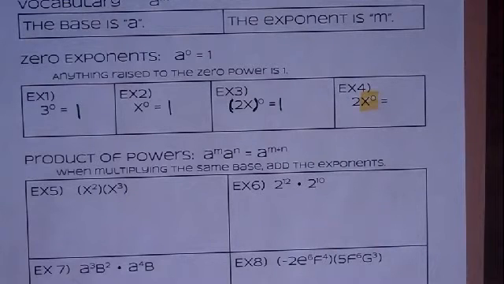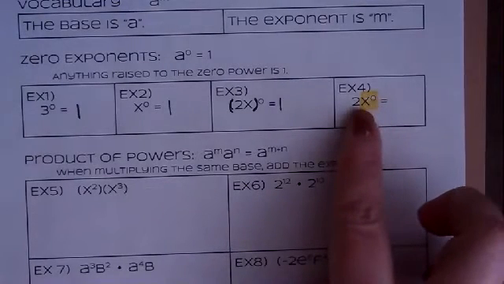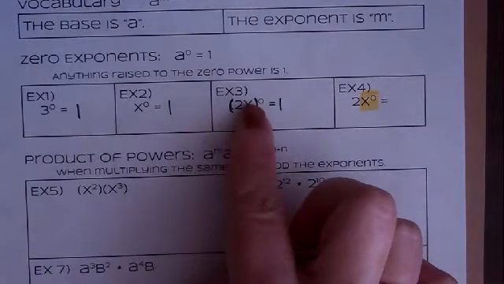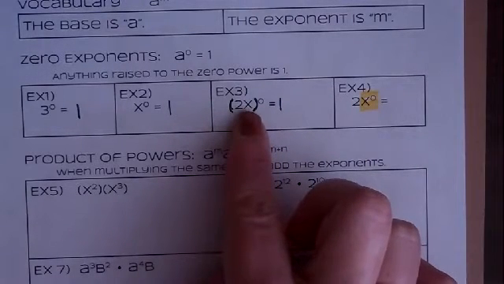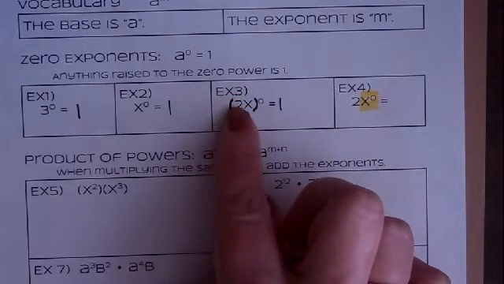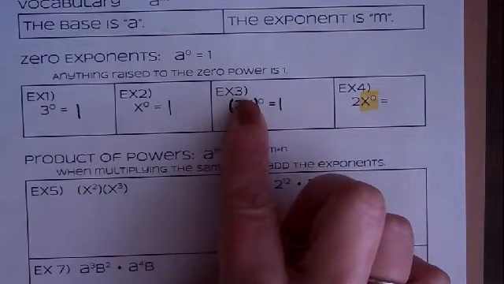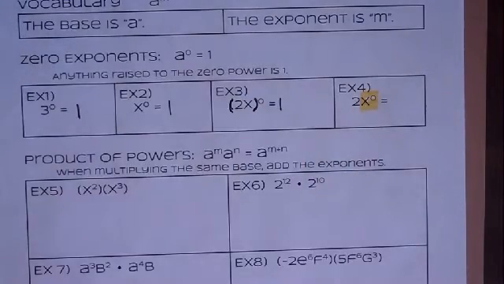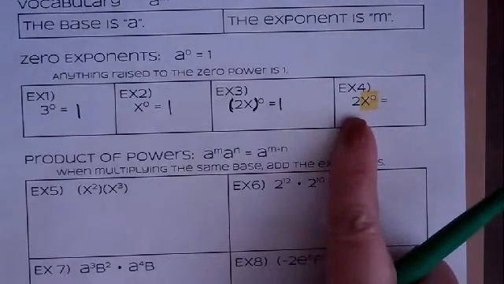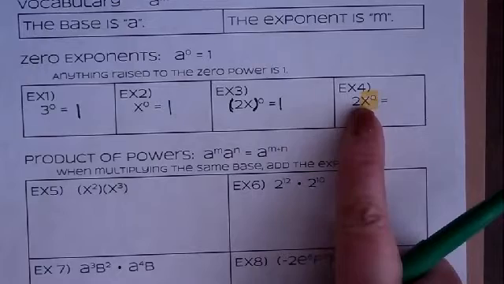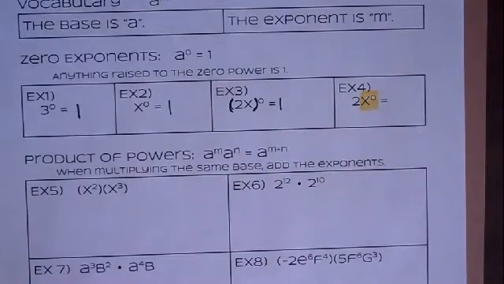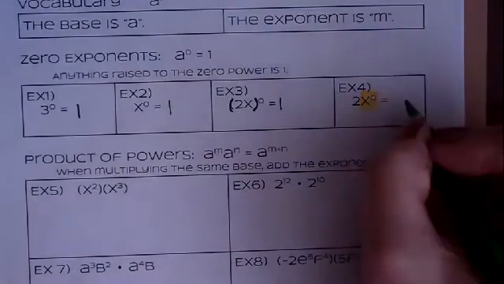The 0 power only goes with the x because exponents only belong to what is directly in front of them. Over here, the 0 had the parentheses directly in front of it. So that meant it's belonging to everything inside the parentheses. So what I have here is different. The 2 has nothing to do with that 0 power.